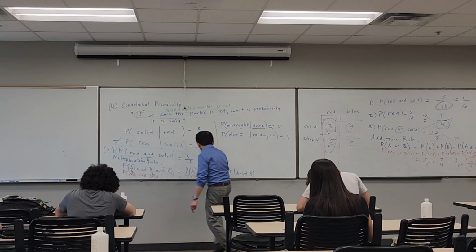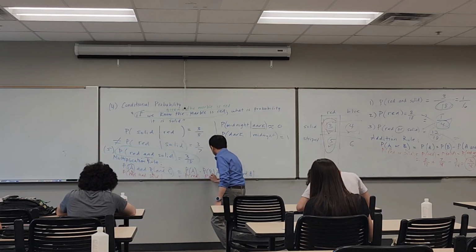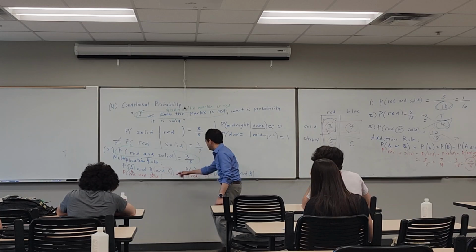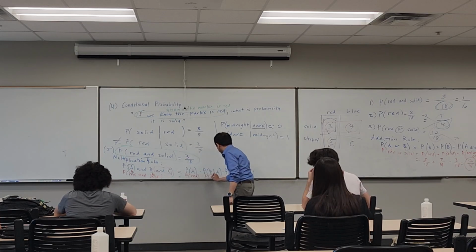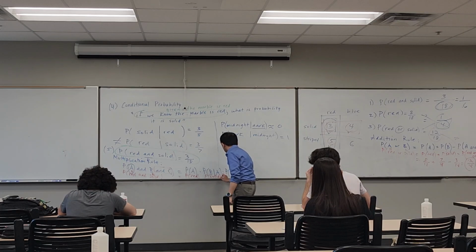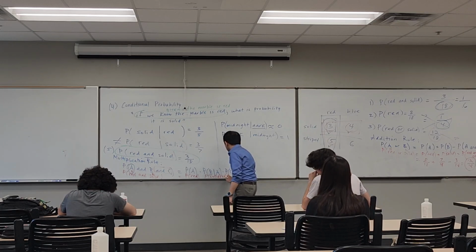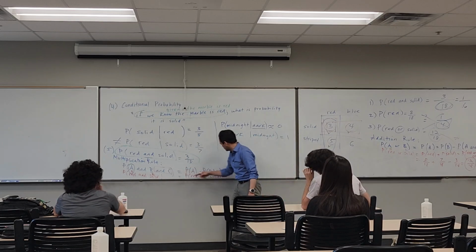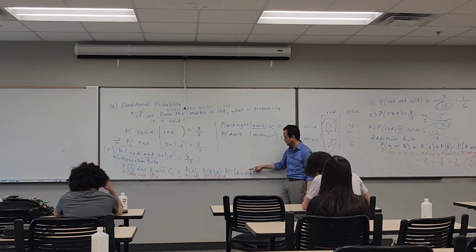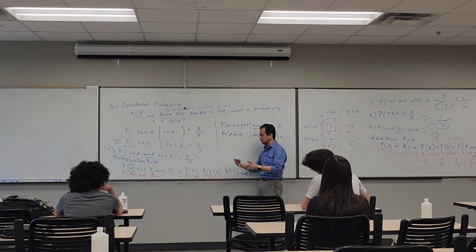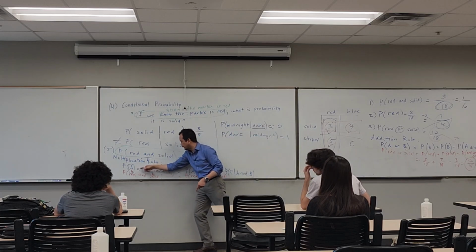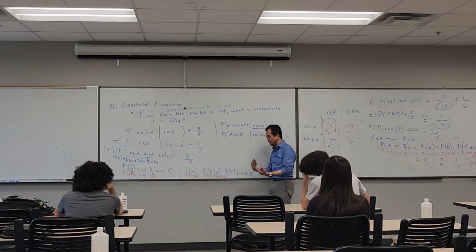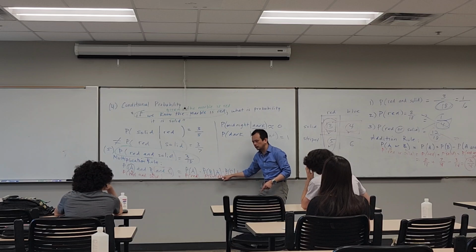So we're just going to substitute first, so probability of B, which is solid, given A, which is red. And then because we only have two events here, there's no event C, so we can ignore this last term. This multiplication rule extends to any number of events, but since we only have two events, we only have these two terms being multiplied together.